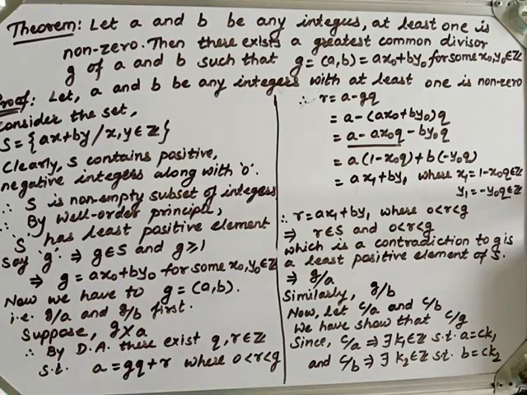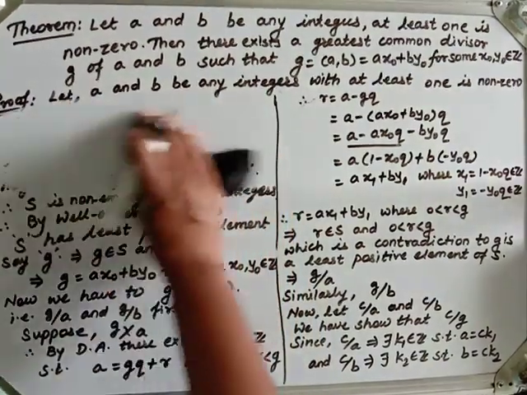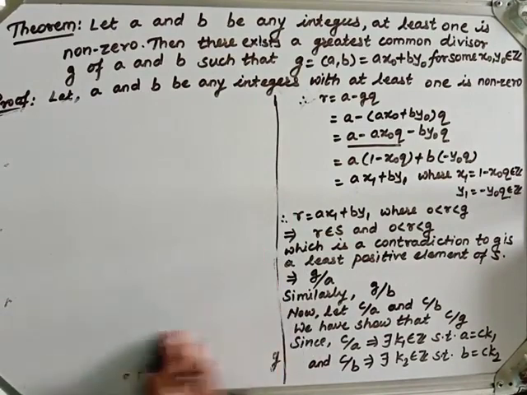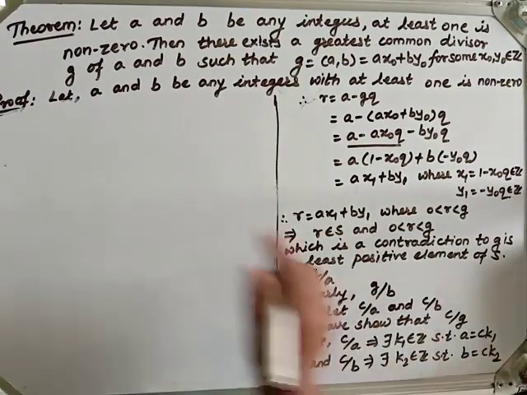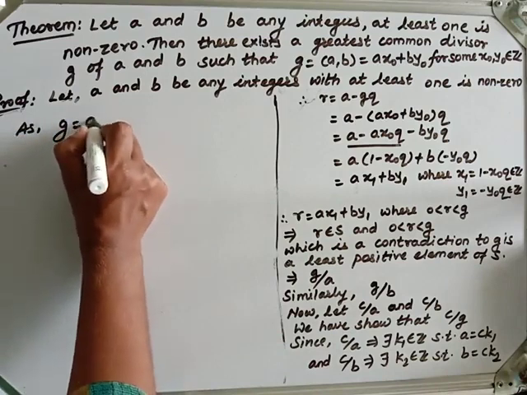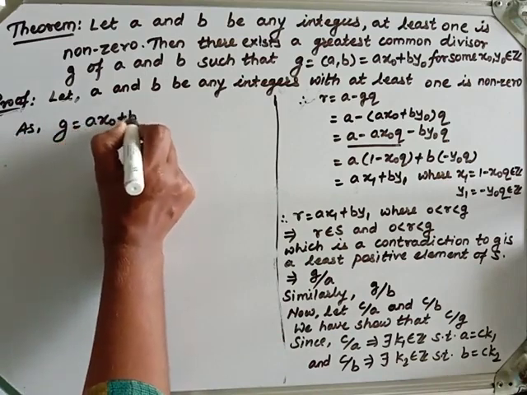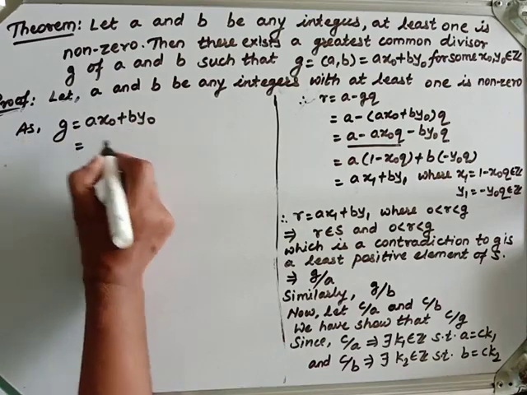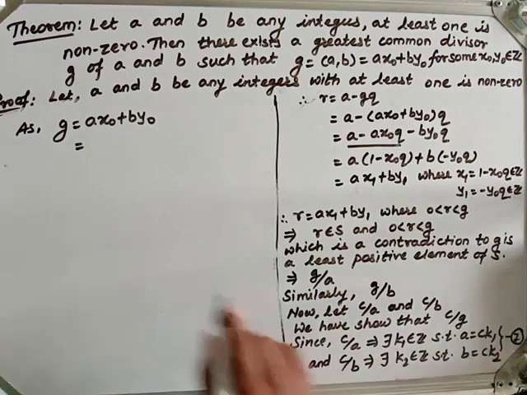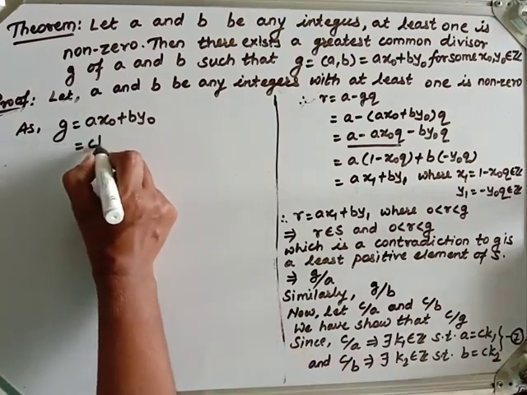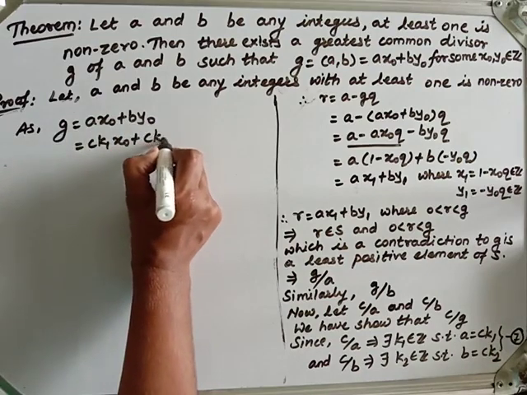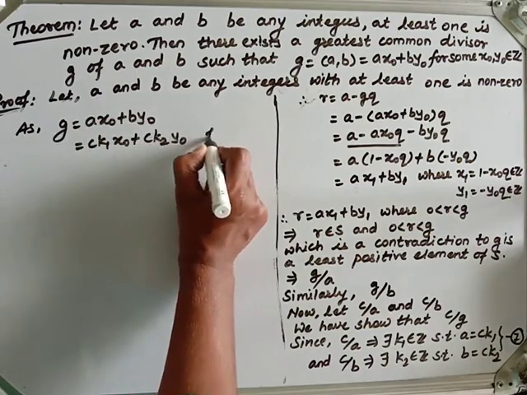Now let us substitute the value of A as C k1 and the value of B as C k2. Let me call G equal to A x0 plus B y0 equation number 1. A will be C k1 into x0, B will be C k2 into y0, from 1.